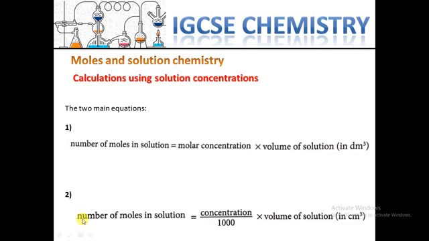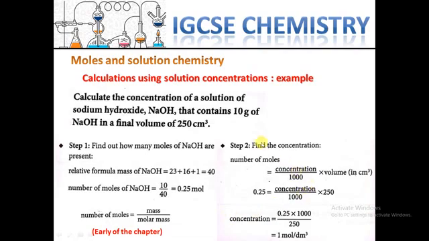So you use the number of moles in solution that has already been calculated, and concentration over 1000, and volume of solution. Here we put the number of moles we have calculated, and 1000. It's clear and no need to calculate, of course. And concentration is the thing we are looking for.